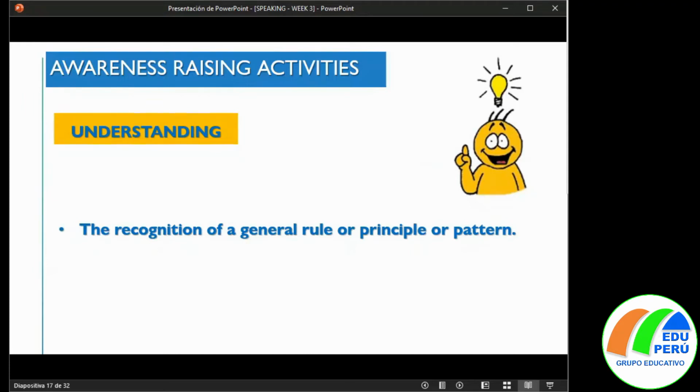So notice these three processes related to awareness. Remember, this is related to awareness. Attention, noticing, and understanding. So we have these three processes. All right? Now, let's see some examples.